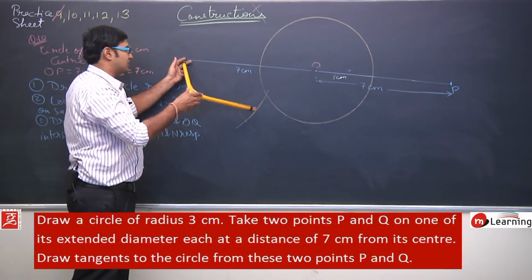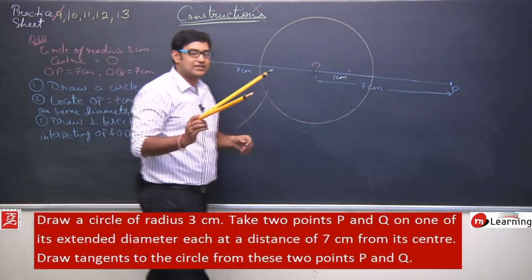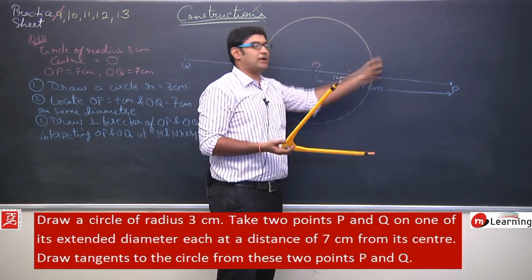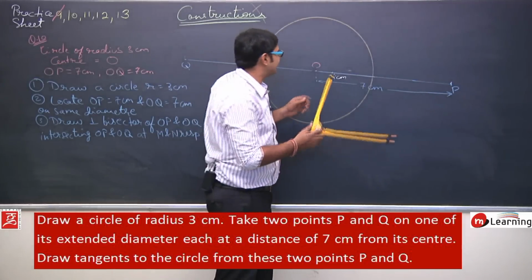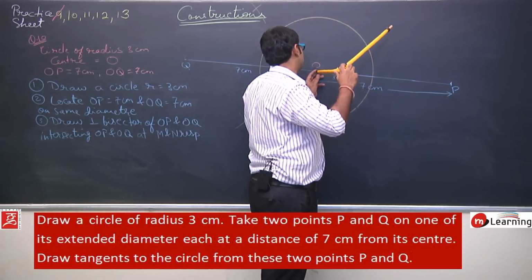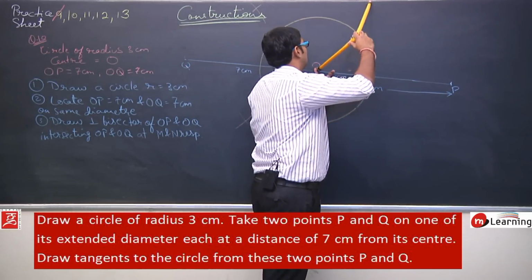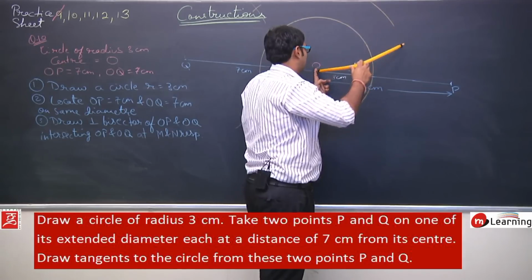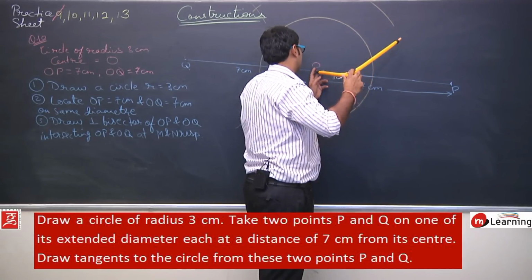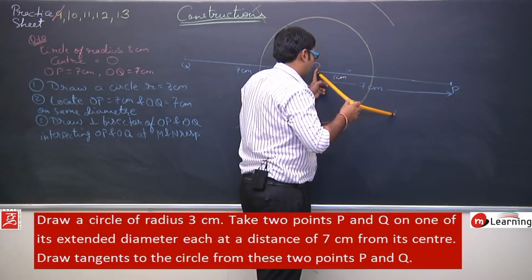So you can see I have got these 2 points, and using the same radius I can draw perpendicular bisector of OP as well. So putting the needle at point O, I can draw one arc like this and one more arc like this.